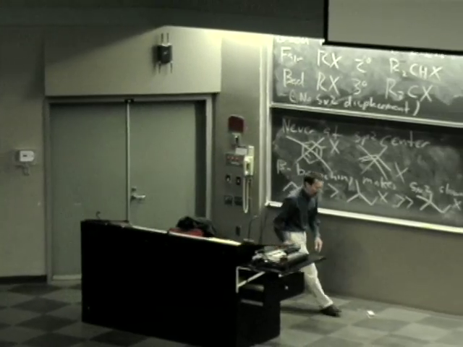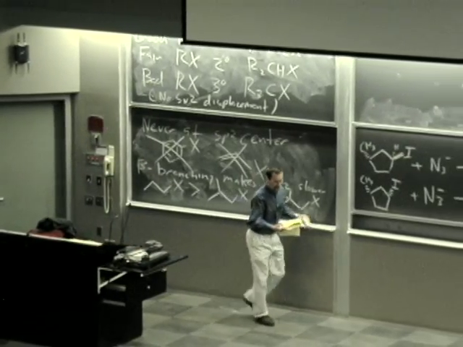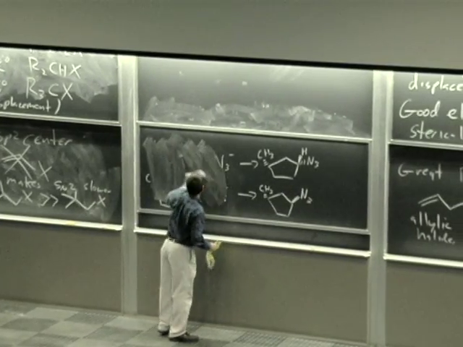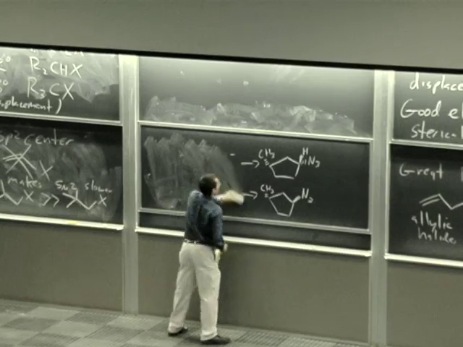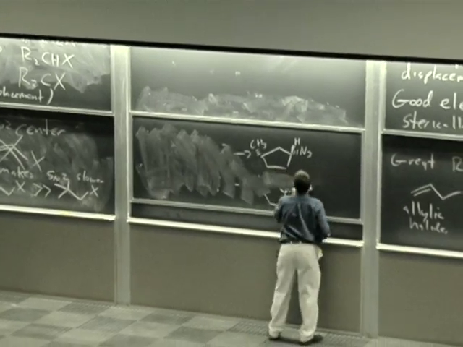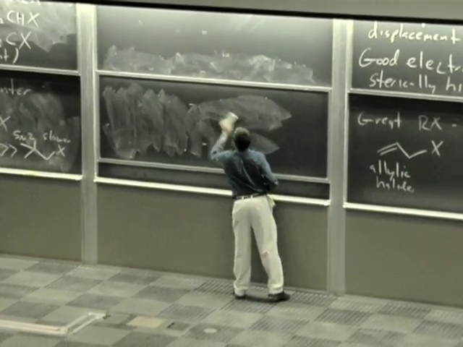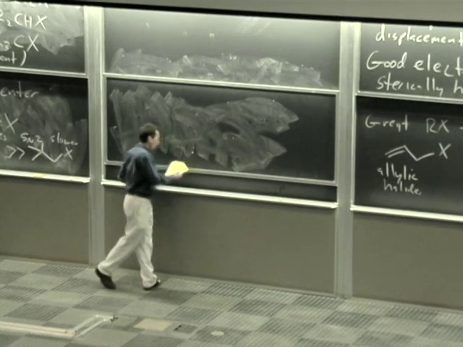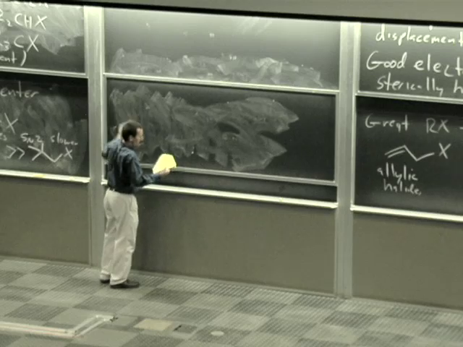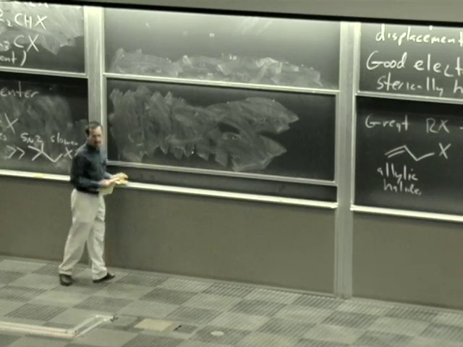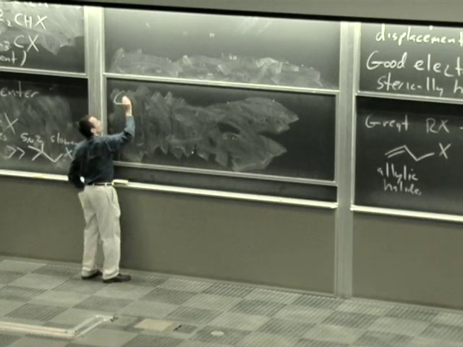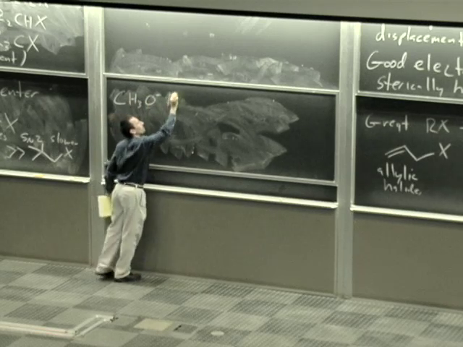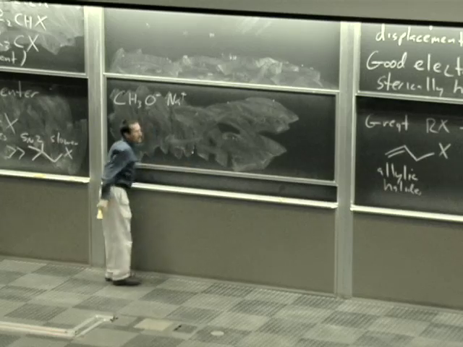Let's take a look at a couple more examples just to help drive home some of the points on these last few Blackboard panels that we've been talking about. All right, let us take sodium methoxide, counterion.